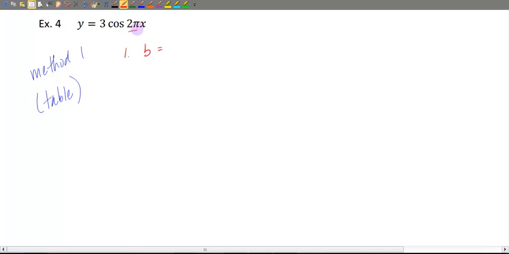In this case, b is 2 pi. So the period of my function would be 2 pi over b, which would be 2 pi over 2 pi, which is just 1. That tells me that the interval that I'm looking at now is just between 0 and 1.